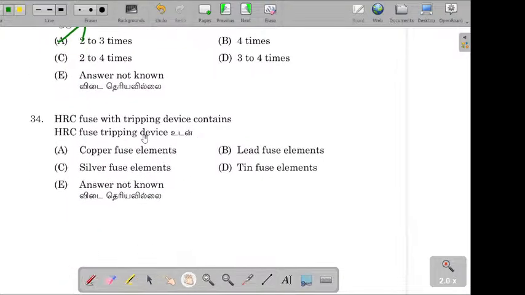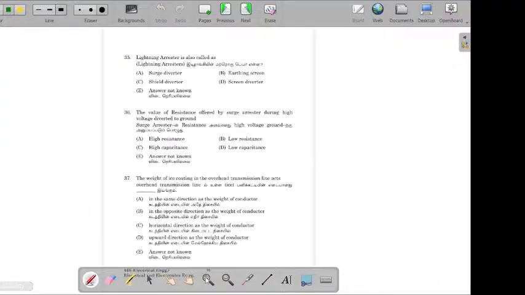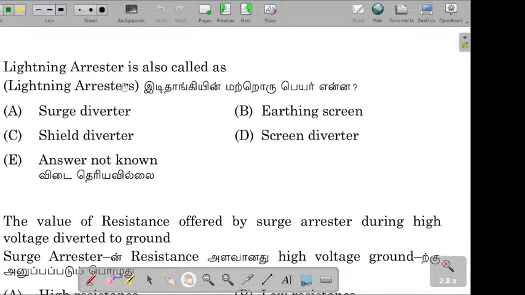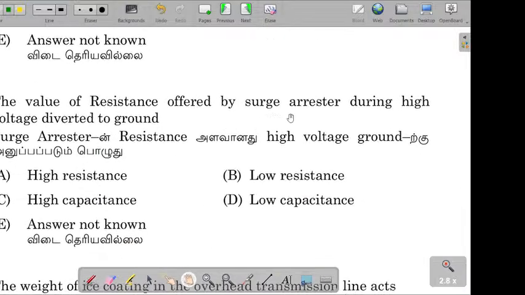HRC fuse strip with stripping device contains silver fuse elements. Lightning arrestor is also called as surge diverter. The value of resistance offered by surge arrestor during high voltage diverter to ground is of low resistance.